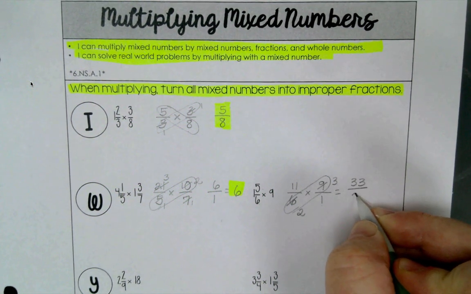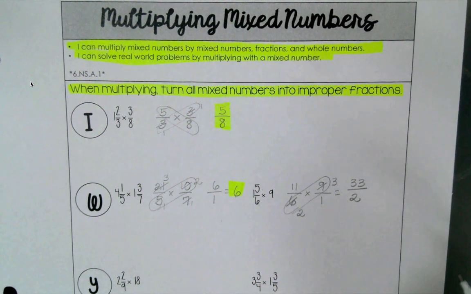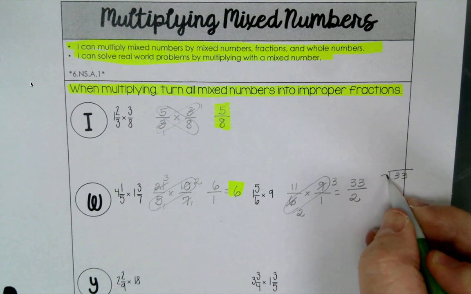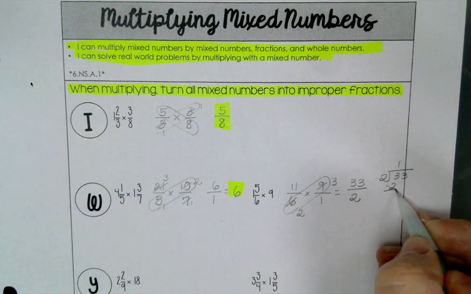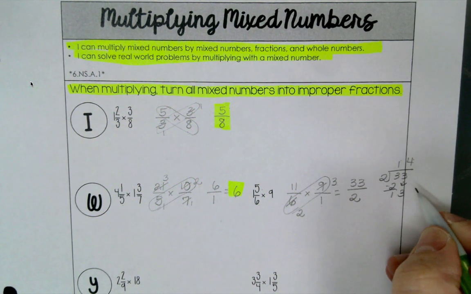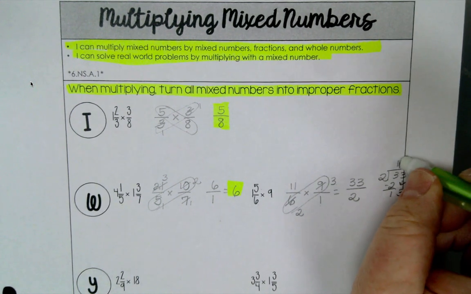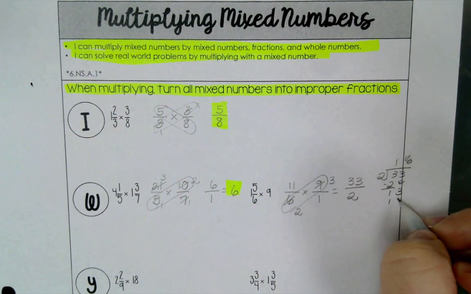over 2. Now, when you have an improper fraction, you cannot leave it like this. So now we're going to go over here and divide. We're going to divide 33 divided by 2. 2 times 6 is 12.